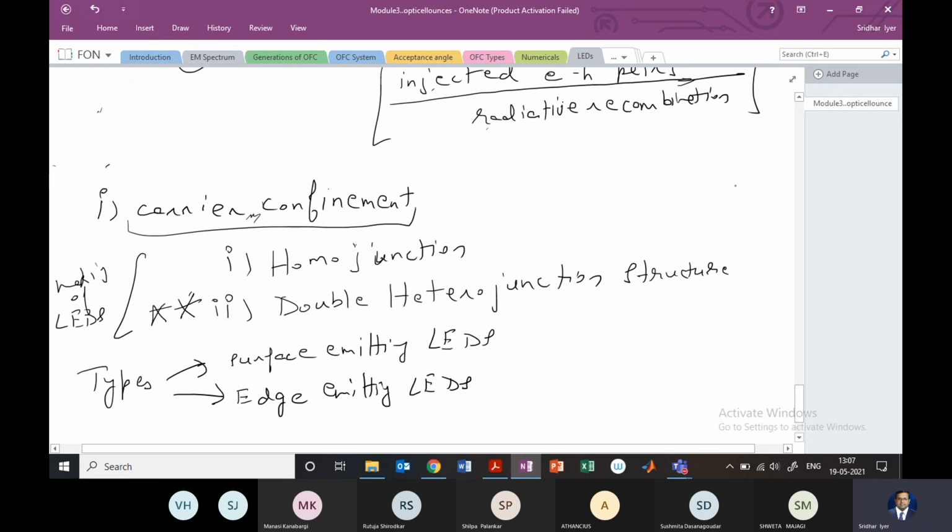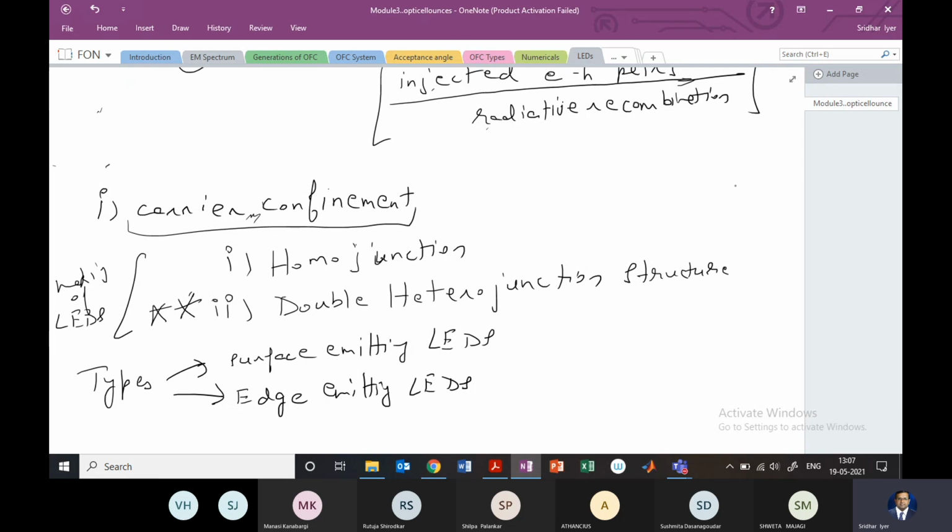But we also need to see if optical signals can be modulated, because if that doesn't happen, then the communication is not going to be efficient. We need modulation for longer distances. These are some of the aspects we are going to talk about in terms of LEDs.